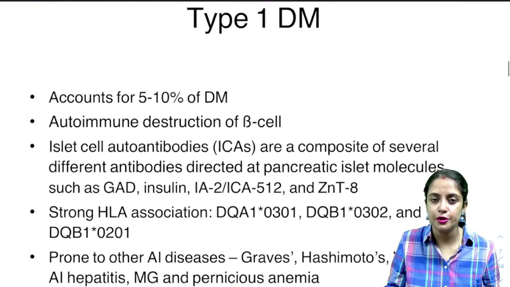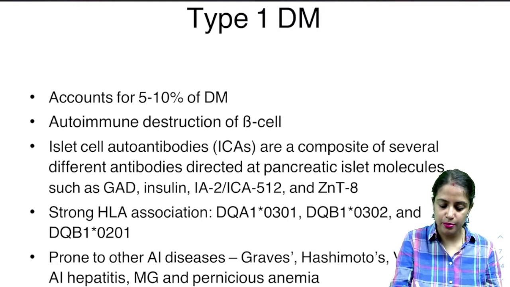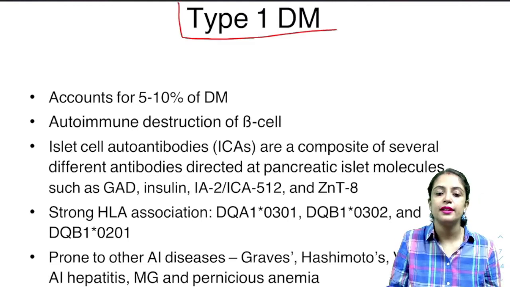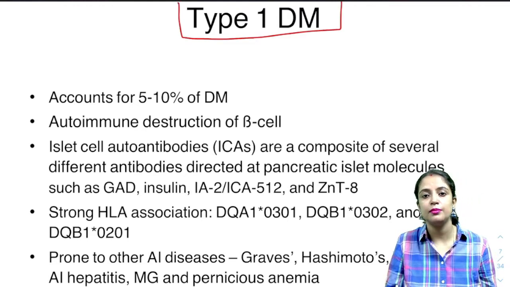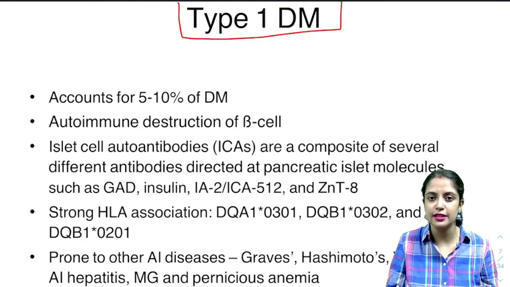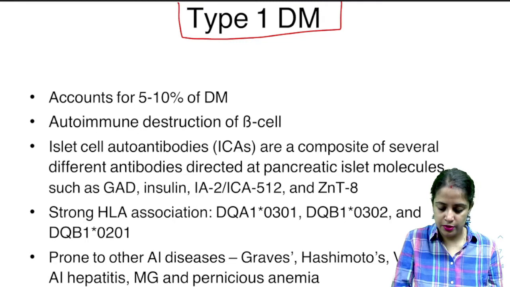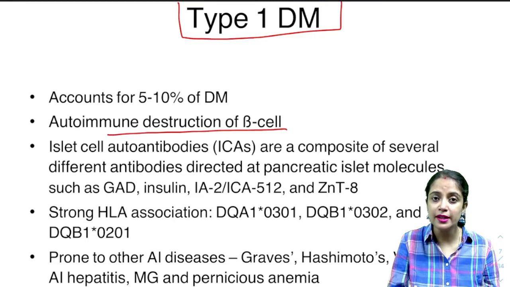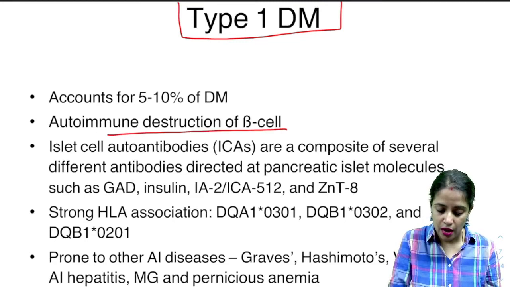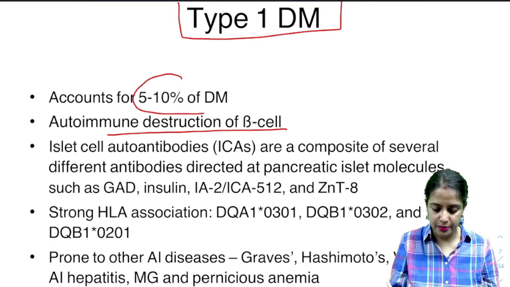Pathophysiology of different types of diabetes. Type 1 diabetes, as I said, is immune mediated. There will be immune mediated destruction of the beta cells resulting in reduction in insulin secretion, so autoimmune destruction of beta cells. Type 1 diabetes constitutes around 5 to 10% of diabetes mellitus.